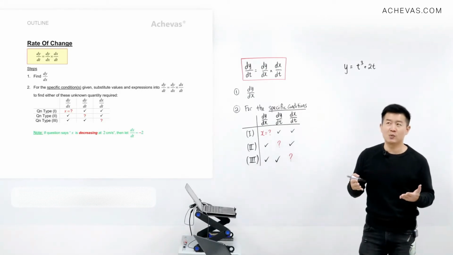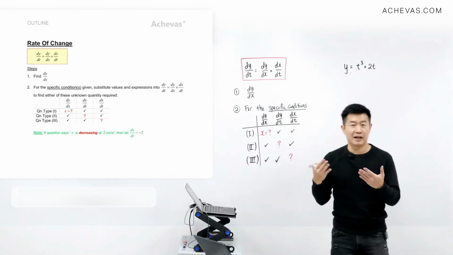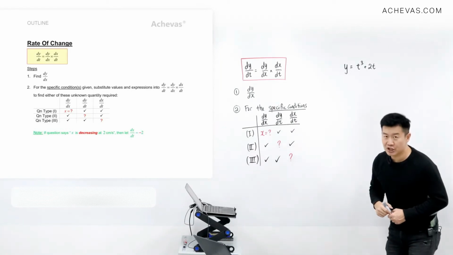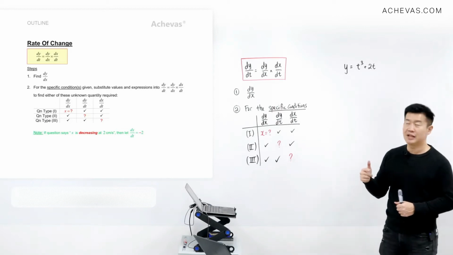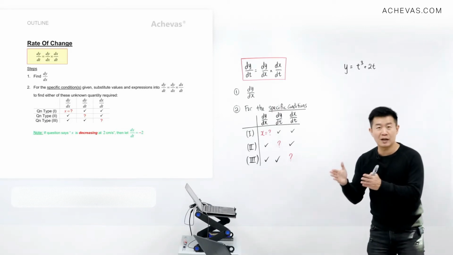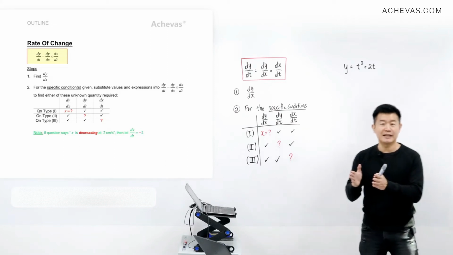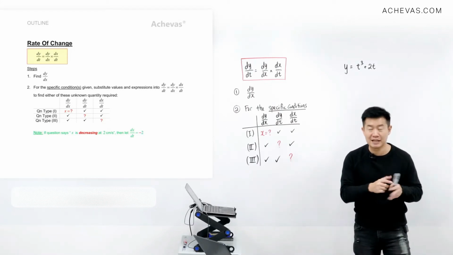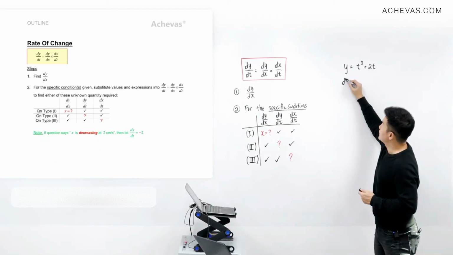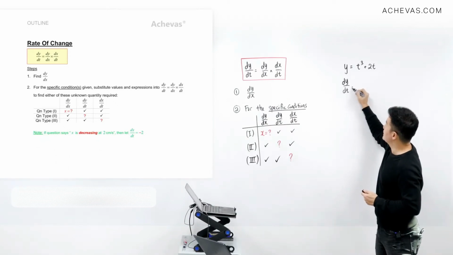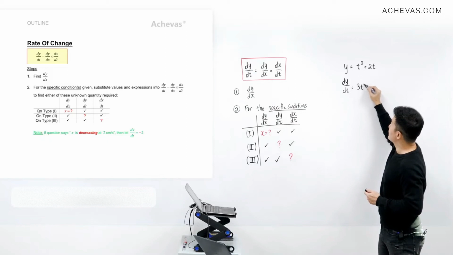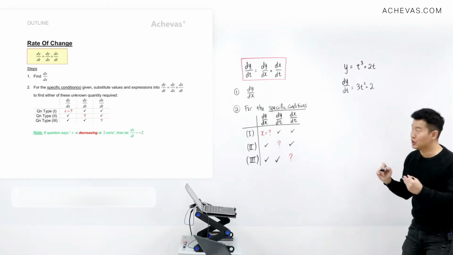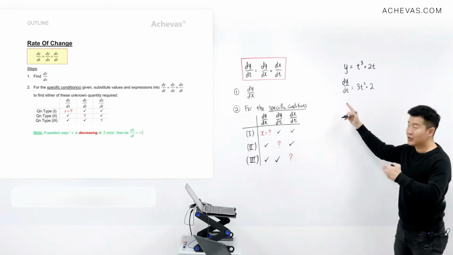So I'm interested in the rate of change of the height of the tree after 1 year.